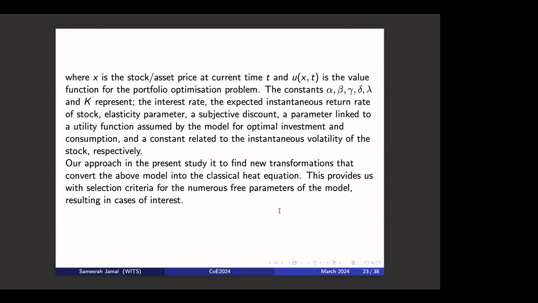One of them, gamma, is the elasticity parameter, a subjective discount, and a parameter linked to a utility function that one has for the optimal investment and consumption. The last one is a constant related to the volatility of the stock.